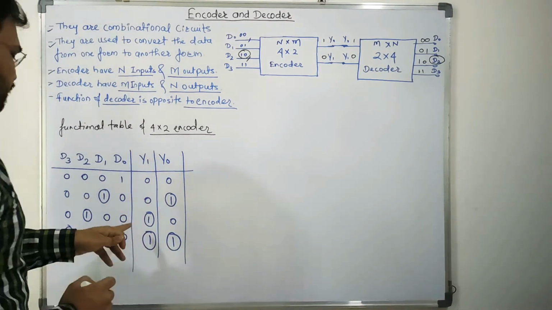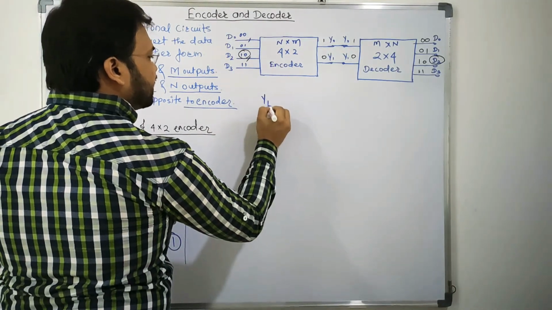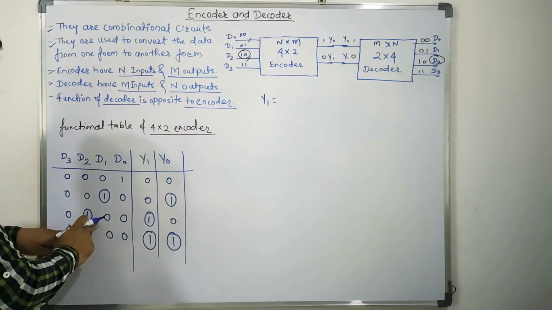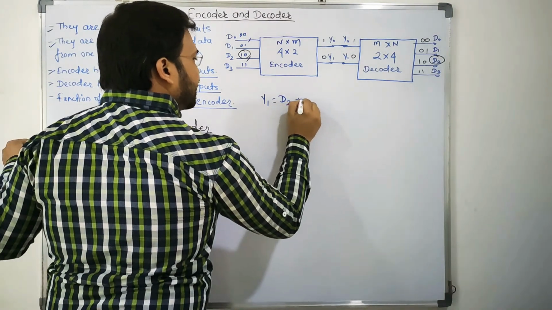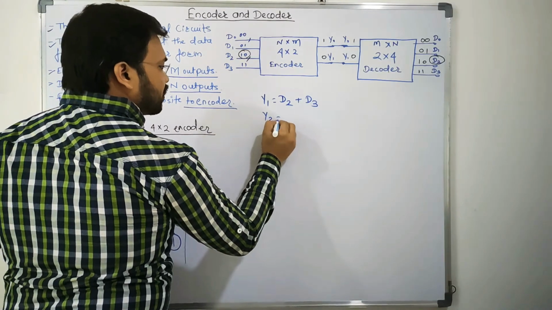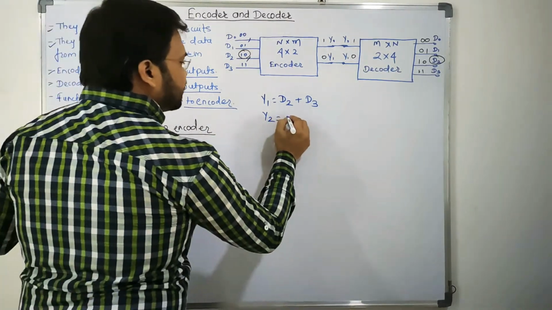So if you write down the equation for Y1, Y1 is equal to D2 plus D3. Likewise, Y0 is equal to D1 plus D3.